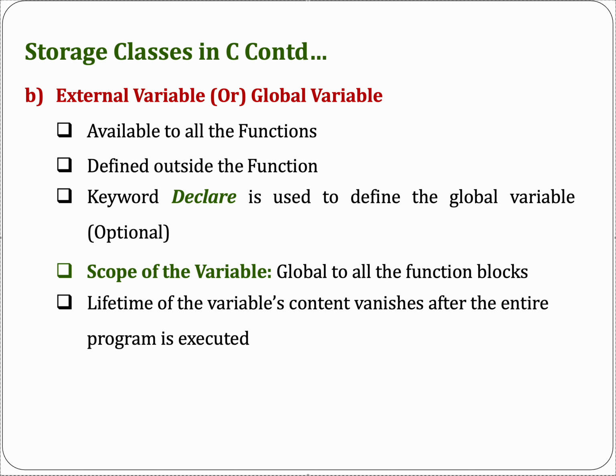The lifetime of the variable is such that its content vanishes only after the entire program is executed. Only when the whole program gets executed does the variable get removed. Let us discuss an example program in order to understand it effectively.